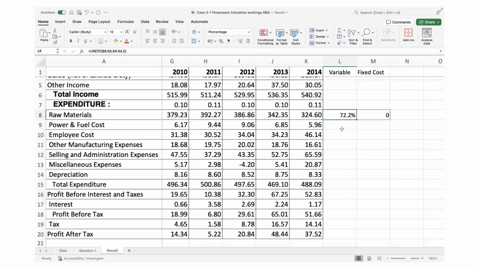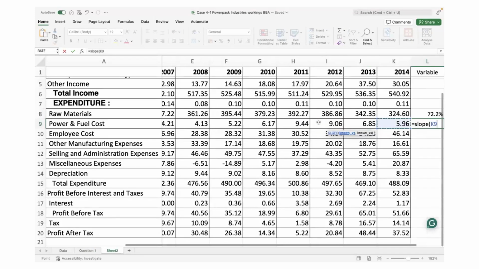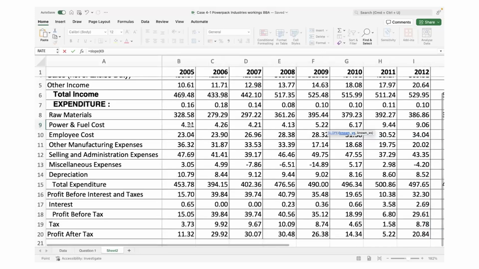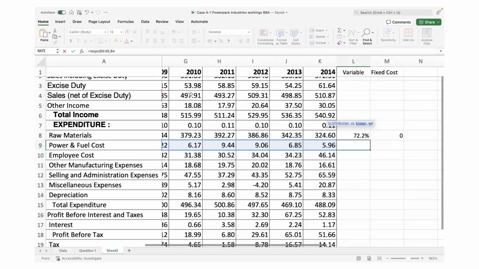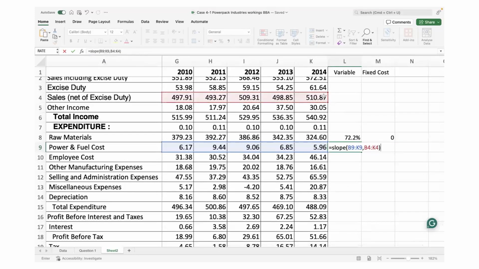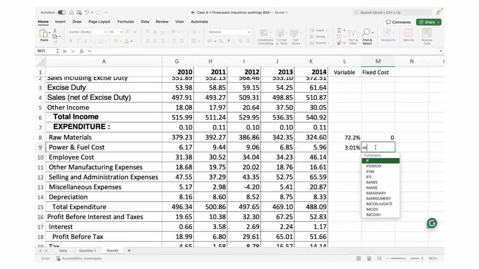We will now do the power and fuel cost, and for that we will use the slope function. If the slope function gives you a negative number, then we will use the line estimation function. It is 3% of the total sales that is the power and fuel. Then the other one is the intercept.